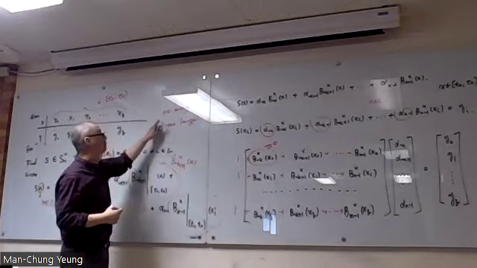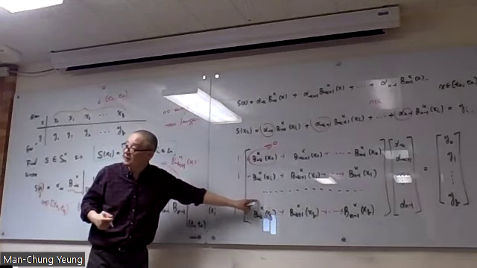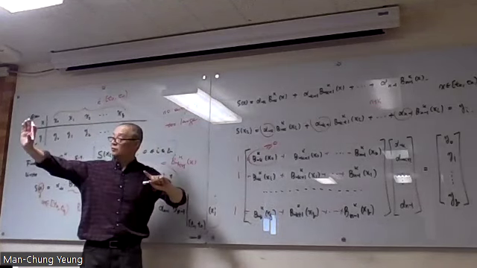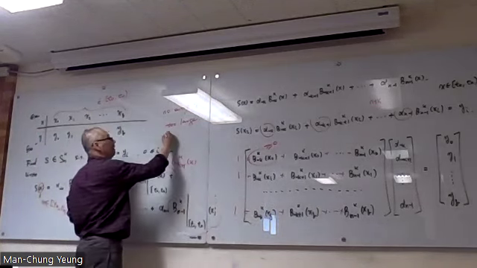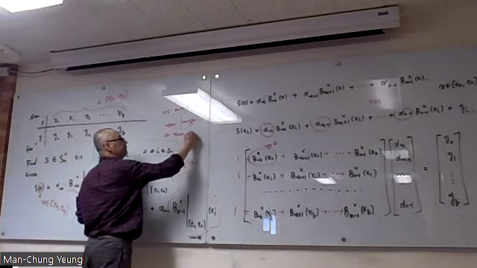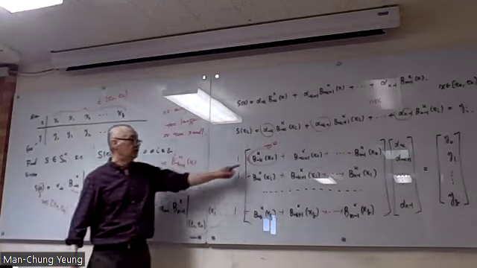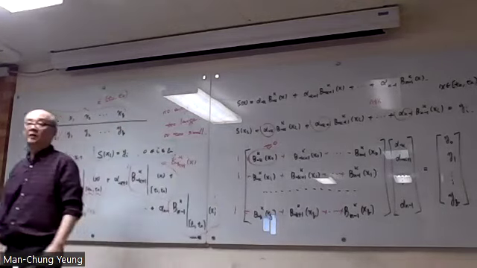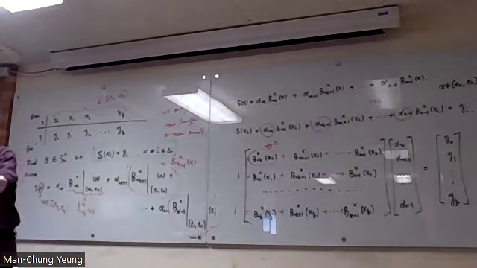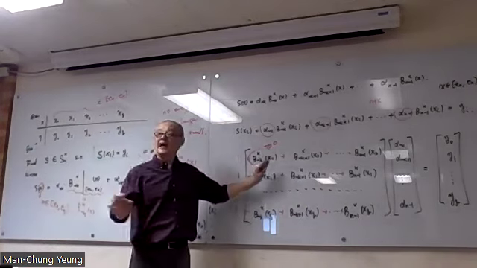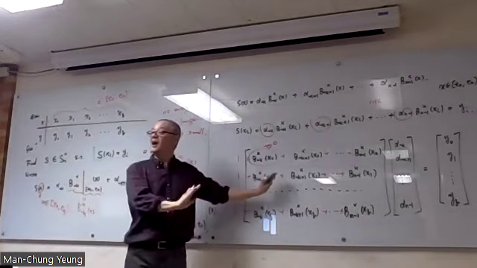As a result, no entry in this matrix is too large, or too small actually, because their sum is 1. So your computer cannot ignore any of these entries.